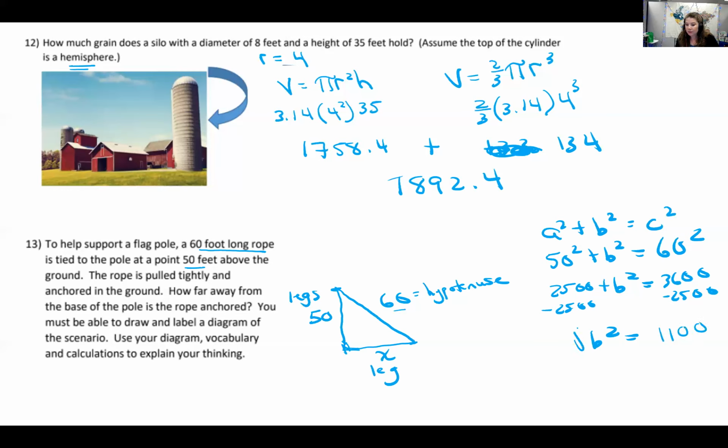And then find the square root of both sides. So the length is about 33.17 or 33.2 feet.